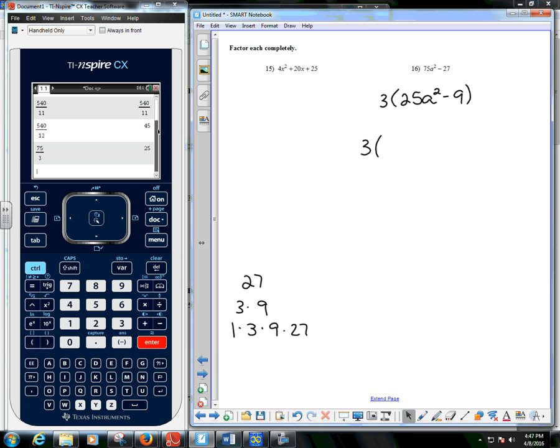I'm going to do two sets of parentheses. The square root of 25a squared goes in both of these first places. The square root of 25a squared is 5a. I'm going to put the square root of 9 in the second spot. The square root of 9 is 3. I'm going to put a plus sign here and a minus sign there.